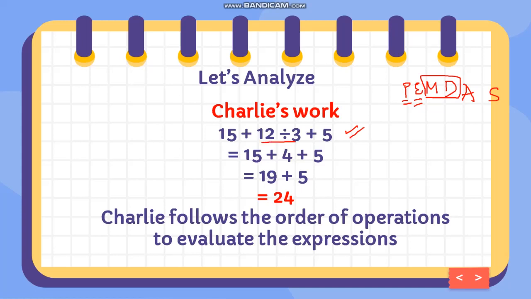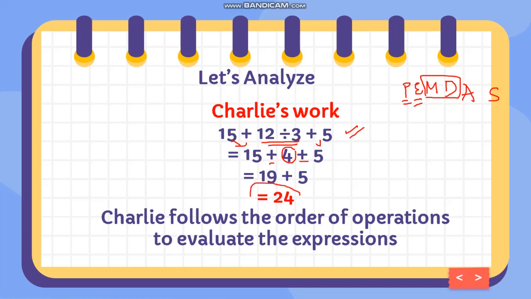That's why he divided 12 divided by 3, that is equivalent to 4. Then he copied the remaining numbers. So 15 plus 4 plus 5. Since these are all addition, he evaluated this expression from left to right. So 15 plus 4 is equivalent to 19 plus 5.